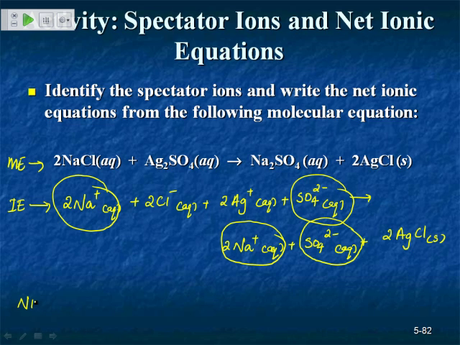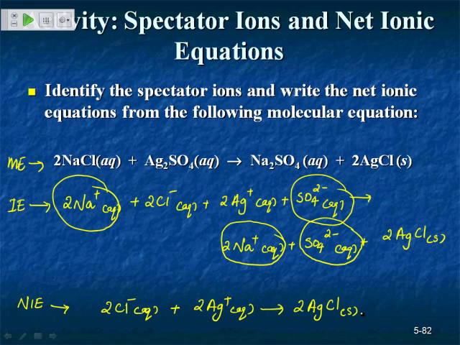Therefore, we can write down our net ionic equation, which will be 2Cl minus plus 2Ag plus Aq, giving us 2AgCl solid. You are 100% right at this point.